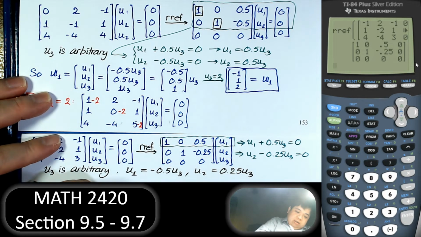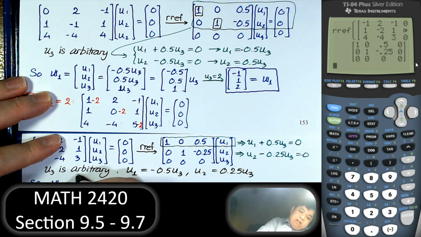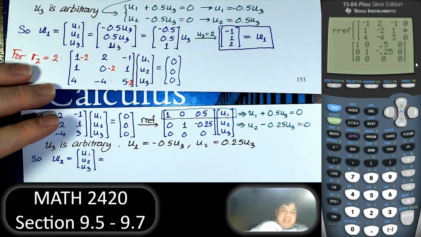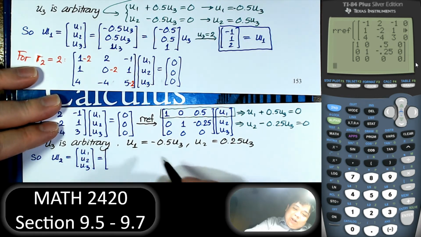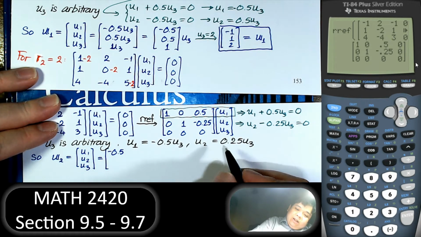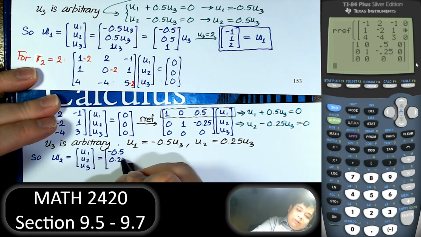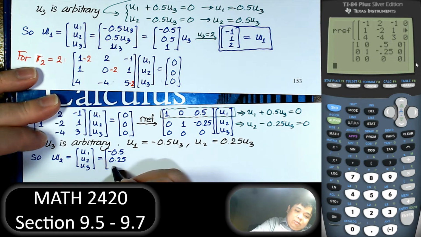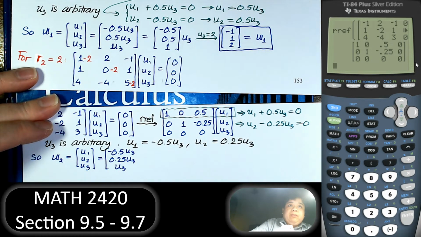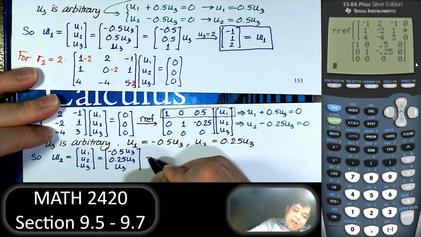And so we can write the eigenvector. I should write this smaller from the beginning. Anyway, U1 negative 0.5, U2 0.25, U3 is 1. So factor out the U3.